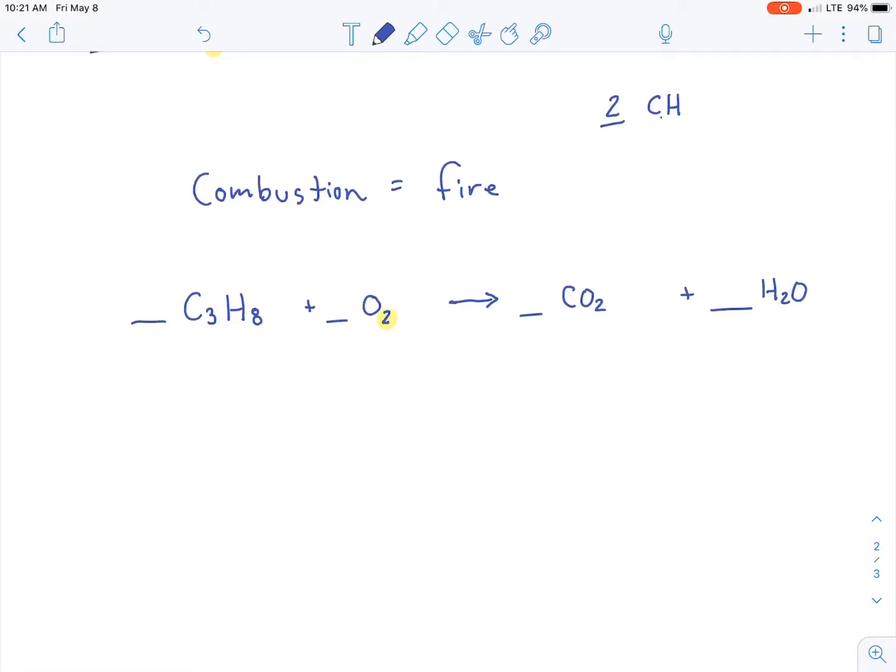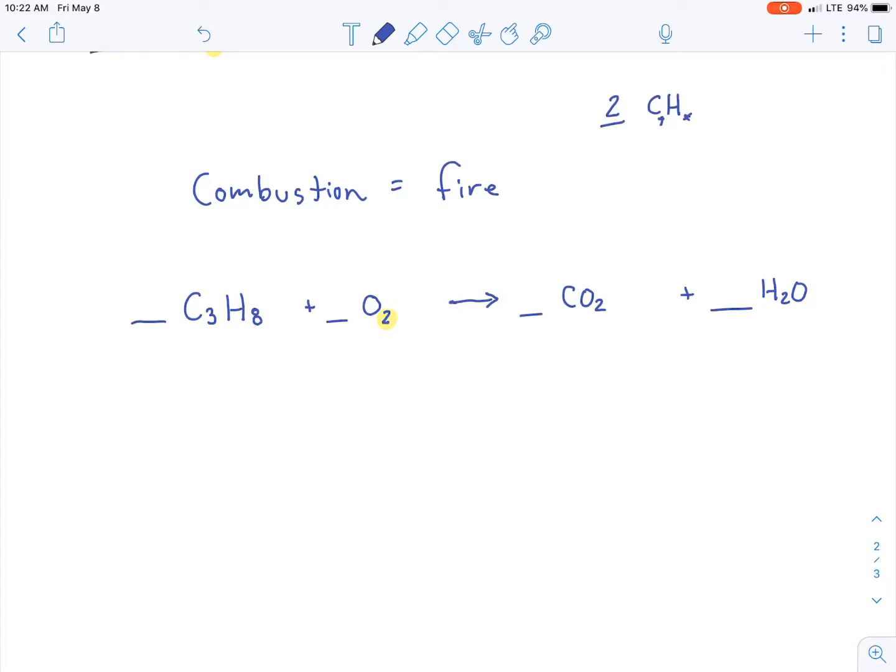If I do that, what that does is that evens up my oxygens overall, and it makes it work out no matter what. And then if I have even numbers, I can reduce at the end of this thing, and everything will be fine.